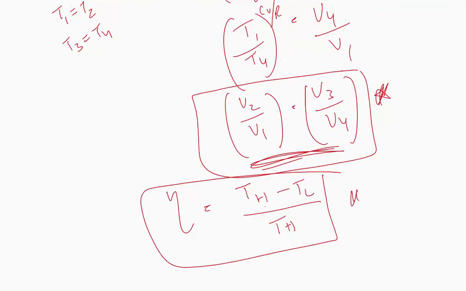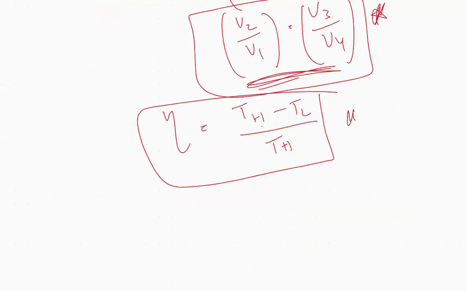So another one you have to remember is the work done in a Carnot engine. You can say work equals QH minus QC, hot and cold, or we can say cold here, L or C or low.